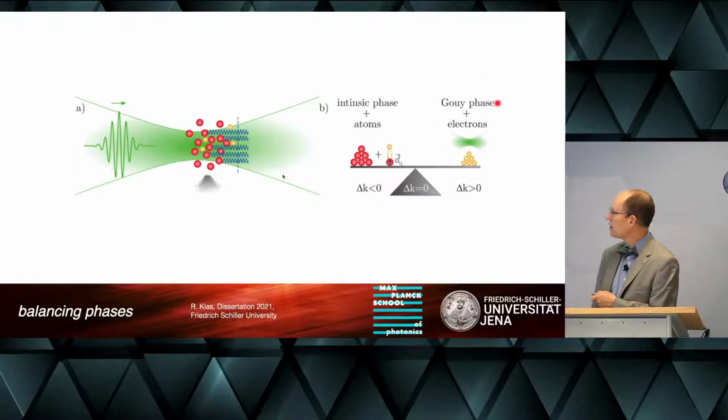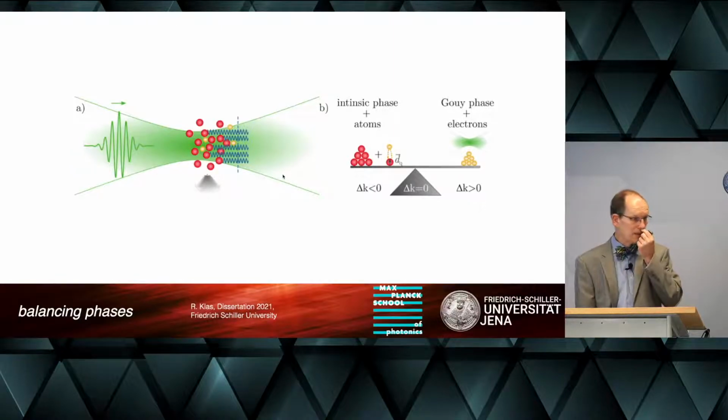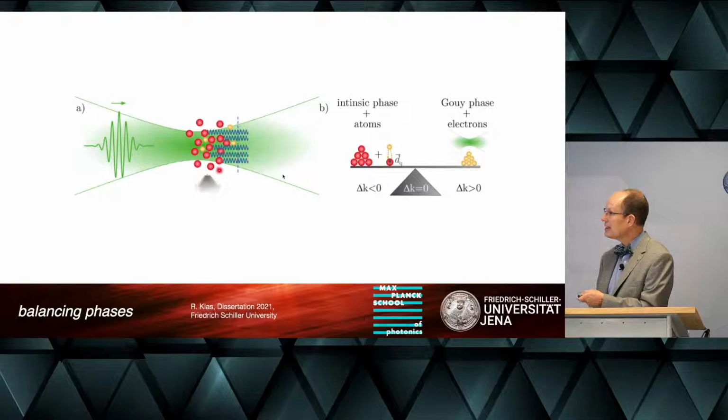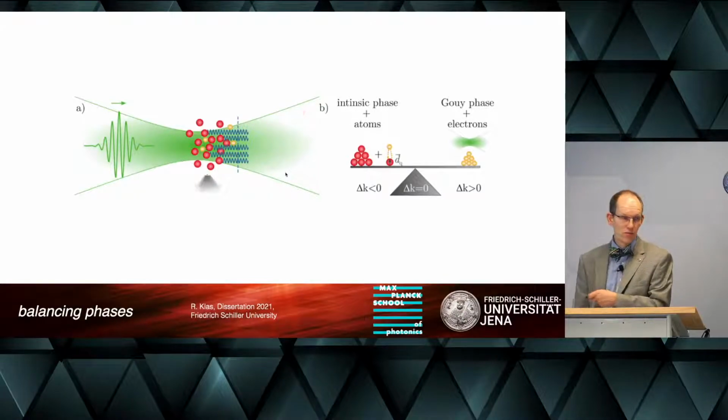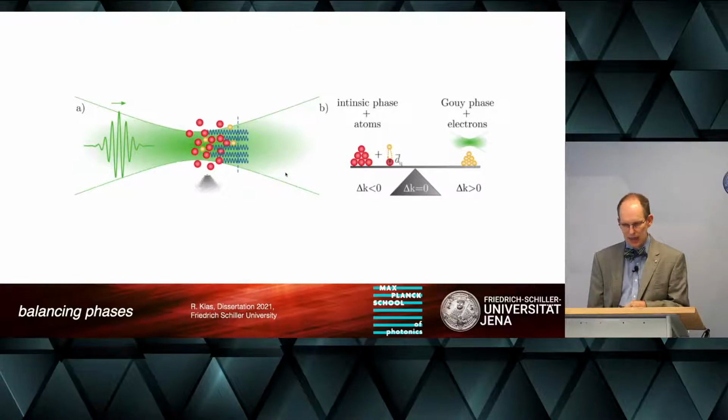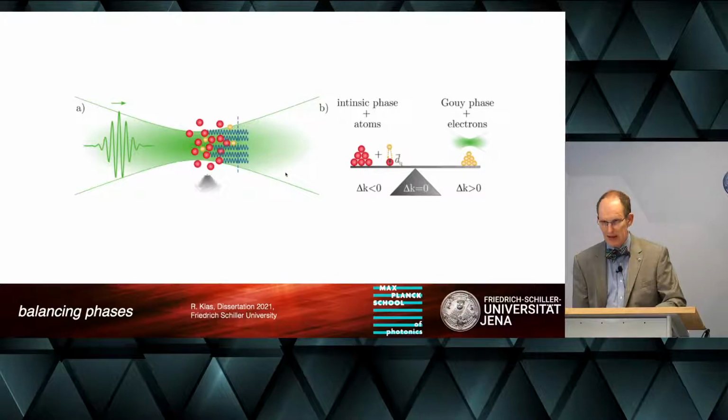And then we have the Gouy phase and the phase due to the free electrons, which give a positive contribution. And if you balance it in the right way, then you can achieve delta k equal to 0, at least in some subvolume of the focal volume. And we'll analyze this in the next lecture in a little bit more detail.